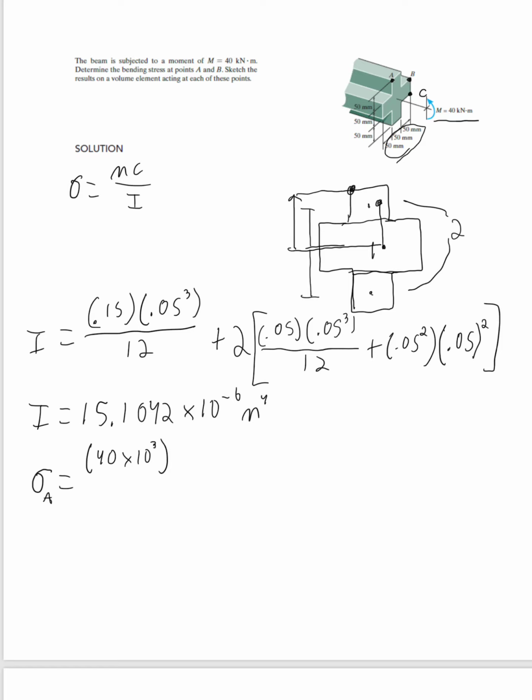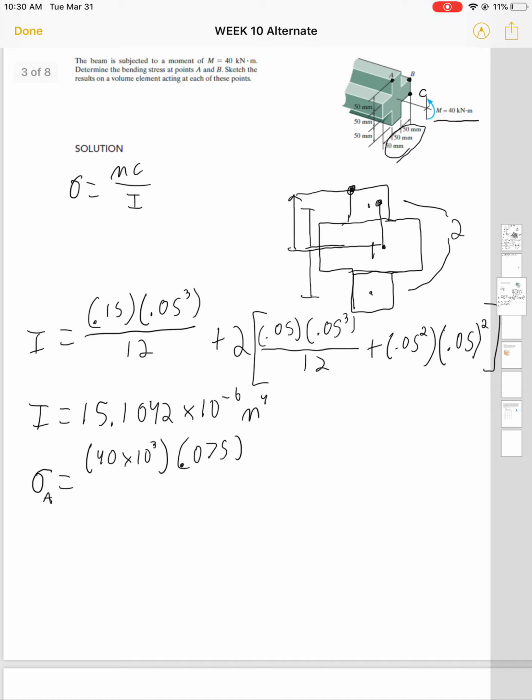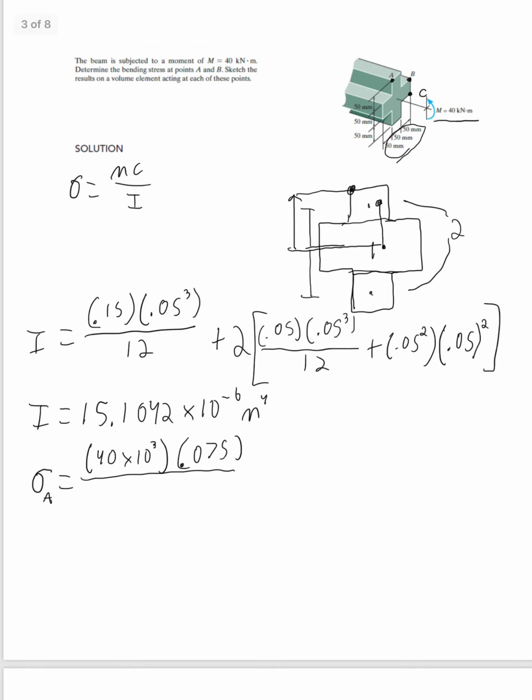That distance is 0.075 meters. And it's all over our moment of inertia, so 15.1042 times 10 to the negative 6th. That's going to give us 199 times 10 to the 6 pascals, which is just 199 megapascals.